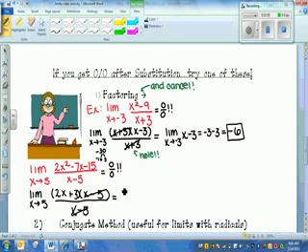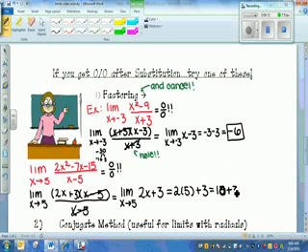So this equation is the same as the limit as x approaches 5 of 2x plus 3. And now I can do direct substitution to get, oops, not 15, 10 plus 3, which is 13. Okay, easy?